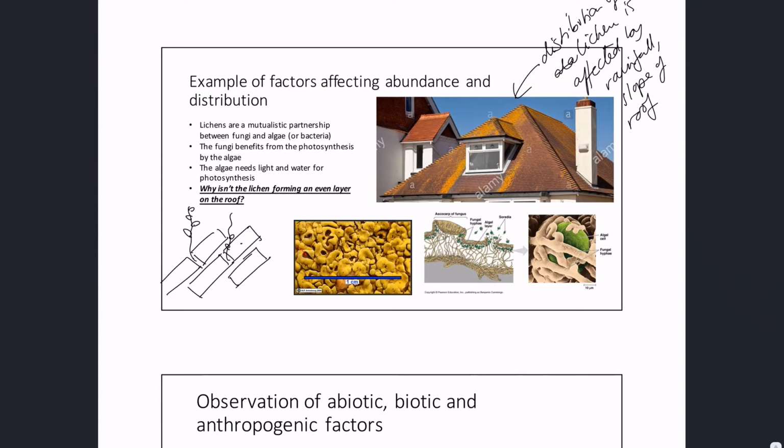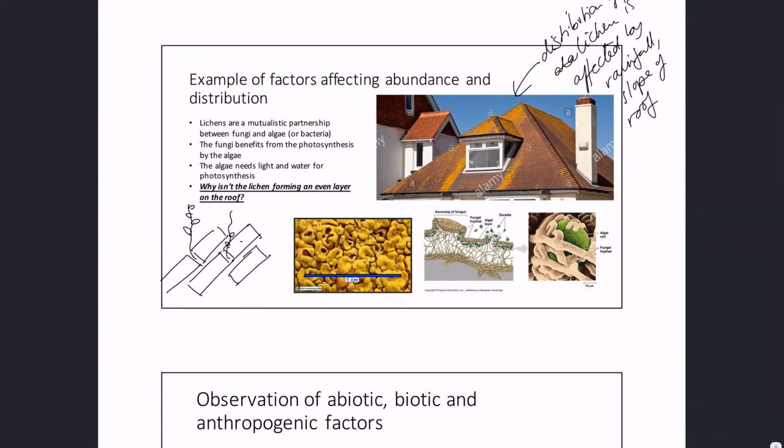How come they're only growing in the gaps right here? How come usually you don't see these plants, mosses, weeds, or whatever you want to call them, growing from the middle of the tile?